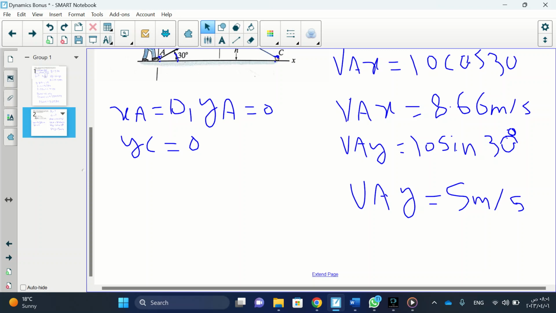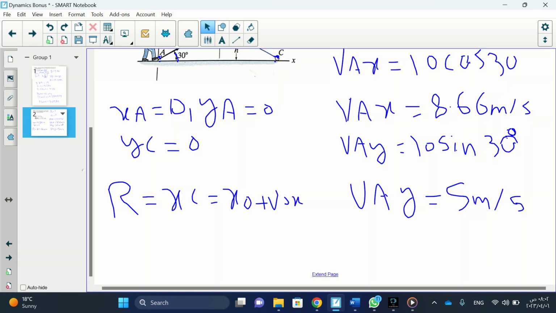In order to find R, we need to write the equation of R. R equals XC equals X initial plus V0x times t.